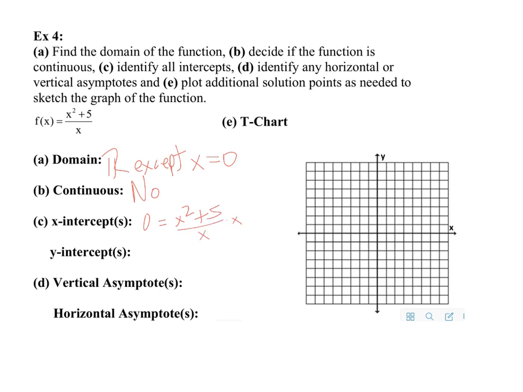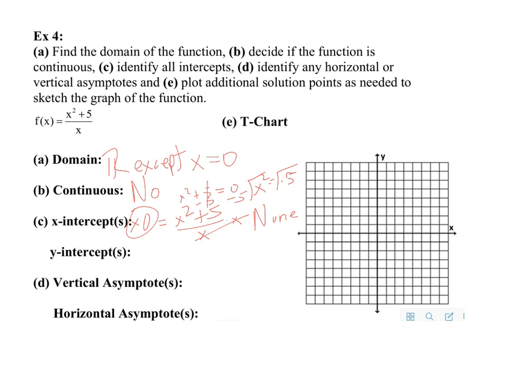All right, multiply by x on both sides, and I get x squared plus 5 equals 0. I'm a little scrunched here, sorry. Subtract 5, and I get x squared equals -5. You should already see where this is going. If I take the square root, that's not happening. I don't have any real x-intercepts because I'm going to get an imaginary number, right? So there are no real x-intercepts. You can't graph that on the regular Cartesian plane.